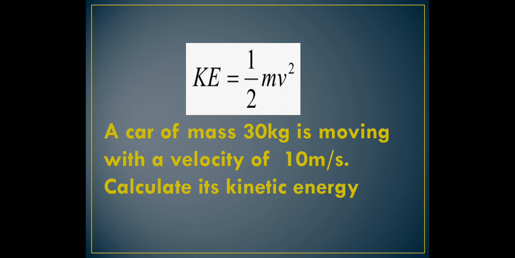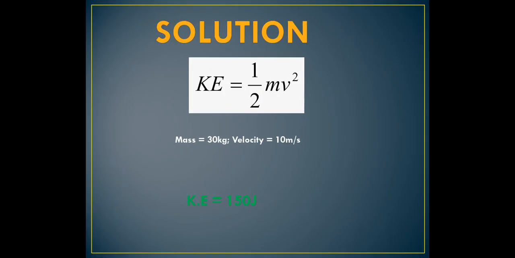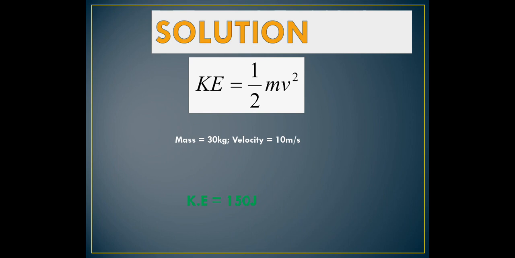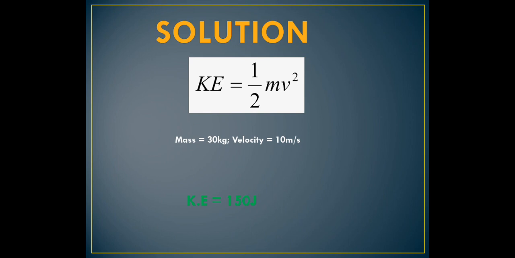Now, let's take a look at an example. A car of mass 30 kg is moving with a velocity of 10 meters per second. Calculate its kinetic energy. To do this is very simple. First, write the formula KE equals half mv squared. Then bring out the variables you need.